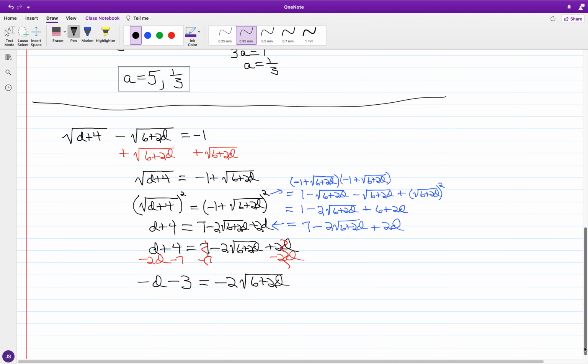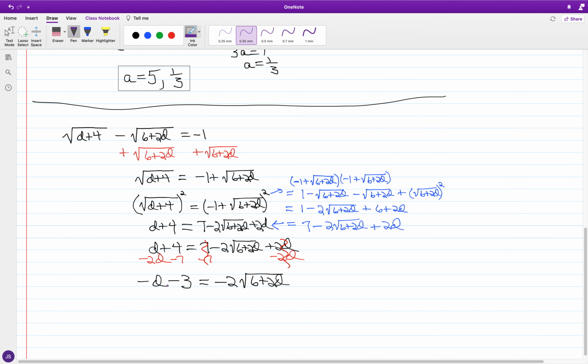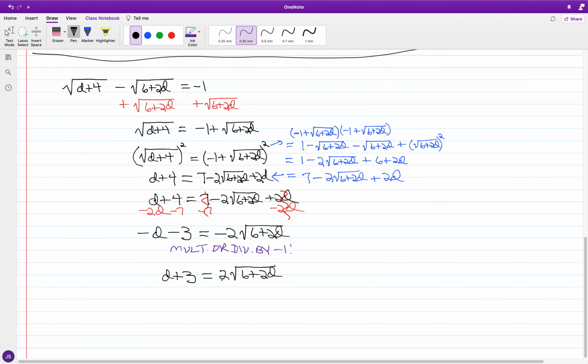And again, if I multiply or divide by negative 1, we have d plus 3 is equal to 2 times the square root of 6 plus 2d.